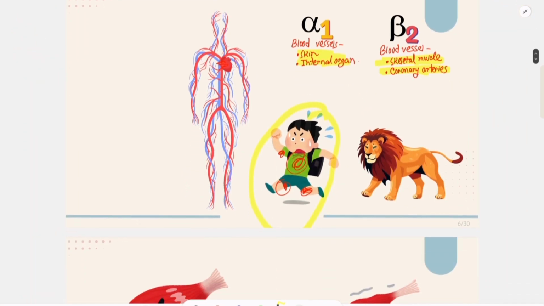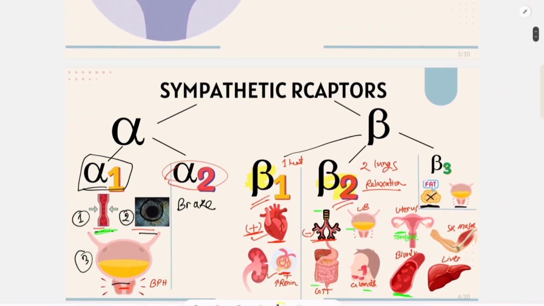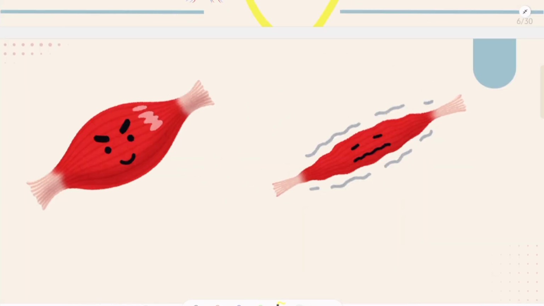Now our next organ is skeletal muscle. Apart from blood vessels, beta 2 receptors are also present on the skeletal muscle spindle, and stimulation of beta 2 receptors in the muscle spindle result in tremors. This is why whenever there is sympathetic overactivity, there is presence of tremors.